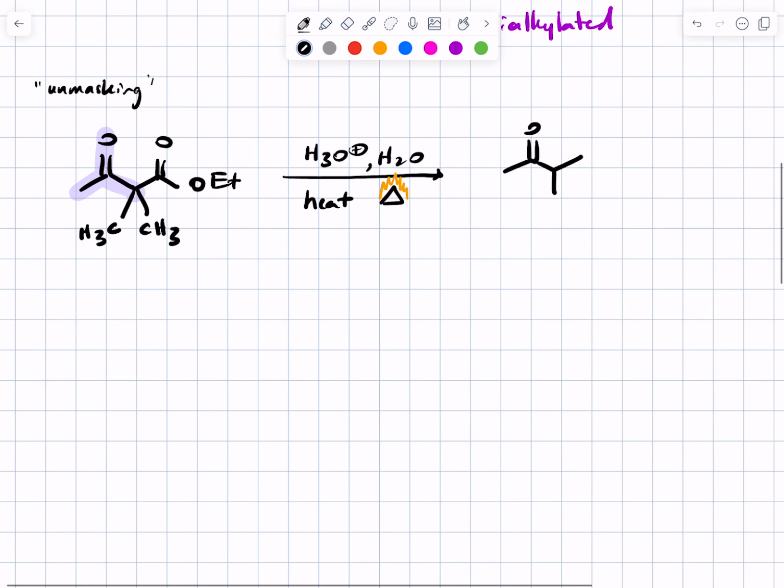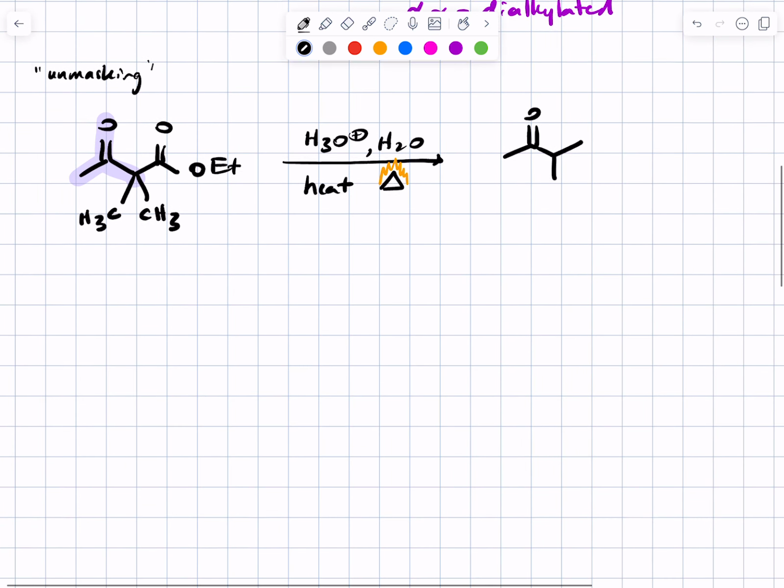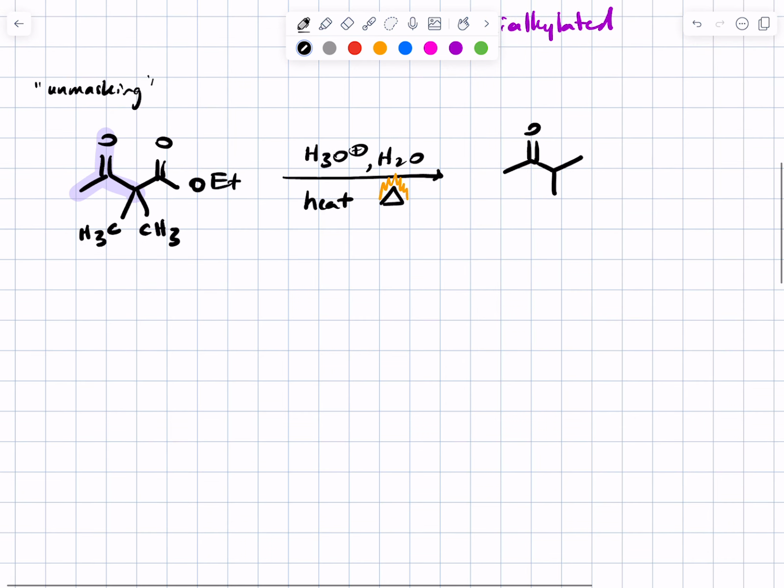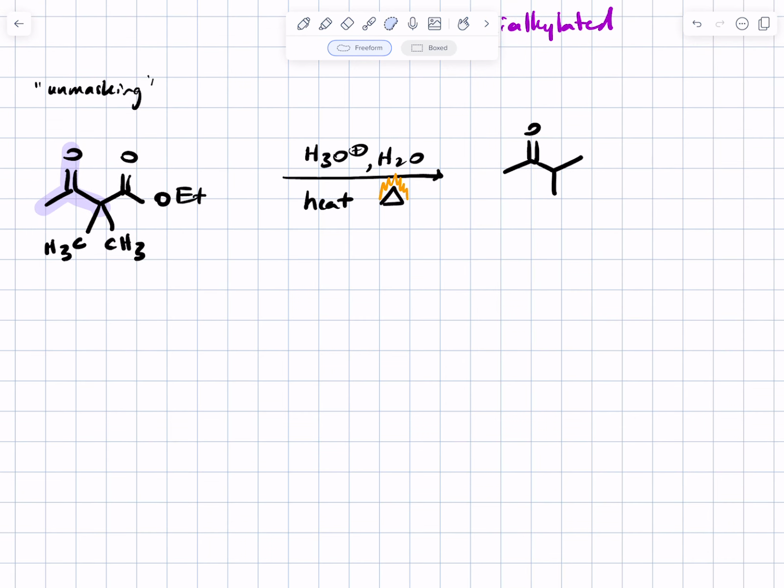So let's talk about what happens to the ester, because right now that looks like magic chemistry. The first thing that happens to the ester, under aqueous acidic conditions, is ester hydrolysis, right? So you have seen the mechanism for that in chapter 16, though it may be worth a little bit of review.